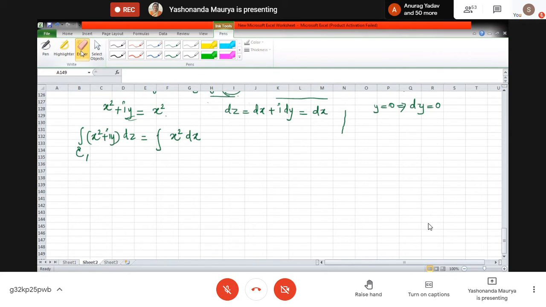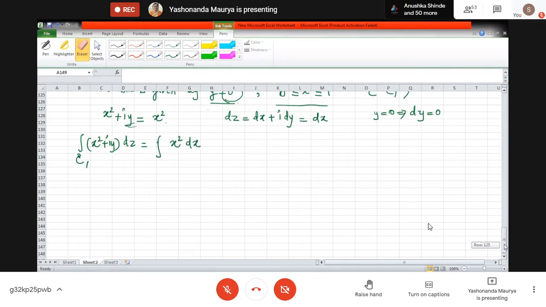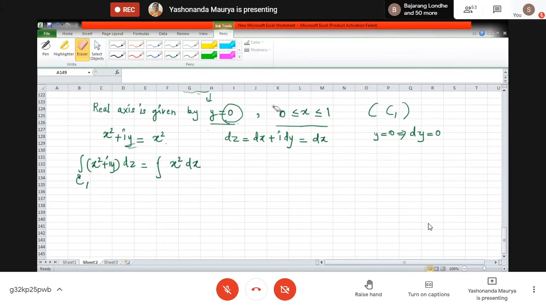I'll move it up so that we can see what the limits are. These are the limits that we have just now written. It will be from 0 to 1. This will be x cubed by 3, and with the limits from 0 to 1, the answer will be 1 by 3. Is this calculation clear now?